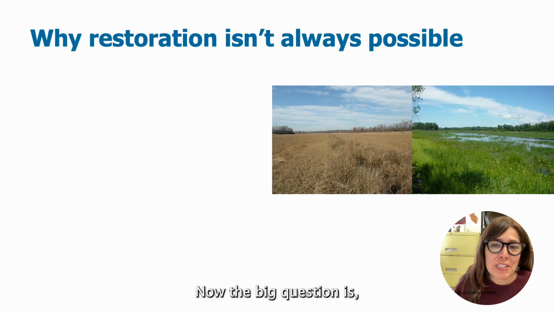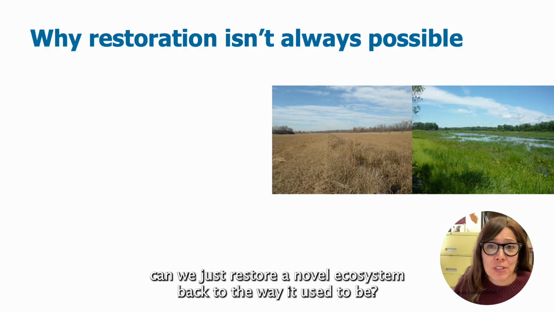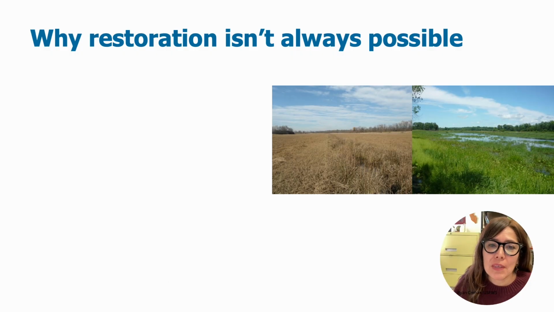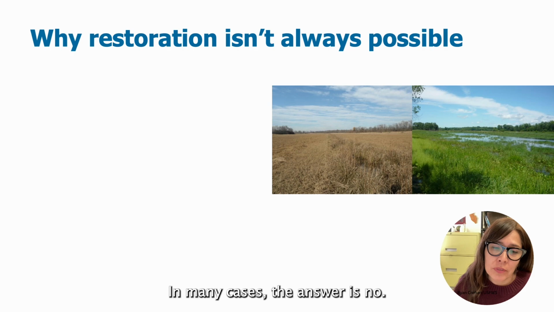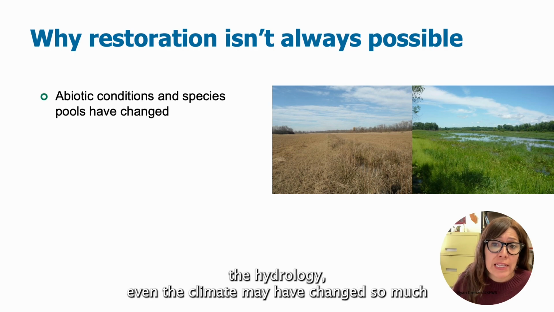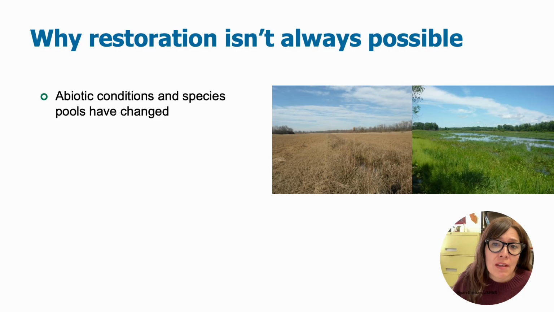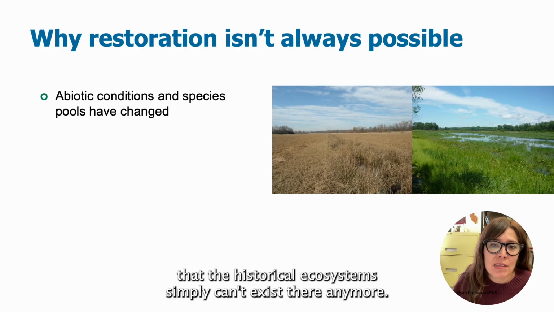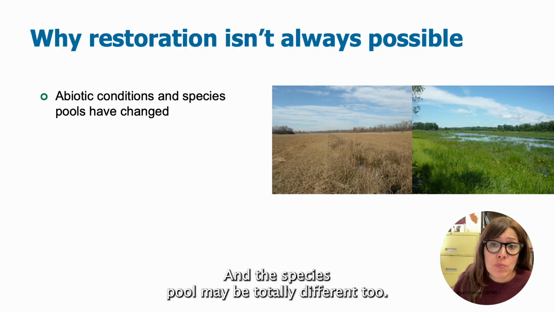Now, the big question is, can we just restore a novel ecosystem back to the way it used to be? In many cases, the answer is no. The physical conditions, the soils, the hydrology, even the climate may have changed so much that the historical ecosystem simply can't exist there anymore. And the species pool may be totally different too.